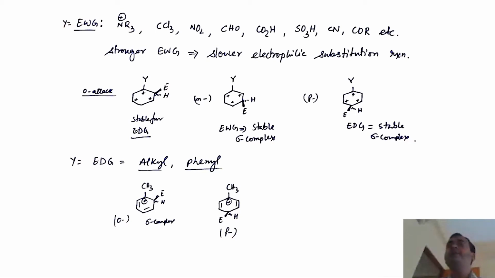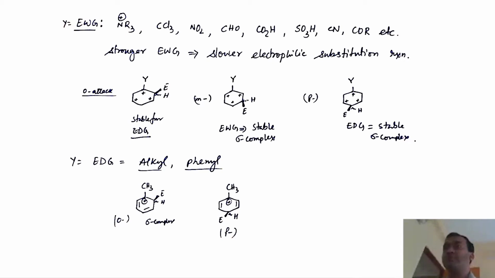When you find this sort of difference, the strength of electron withdrawal will be much more for NR3 plus, where you have the actual positive charge. So this destabilizes your sigma complex much more. It will take up the electron density much more than NO2.